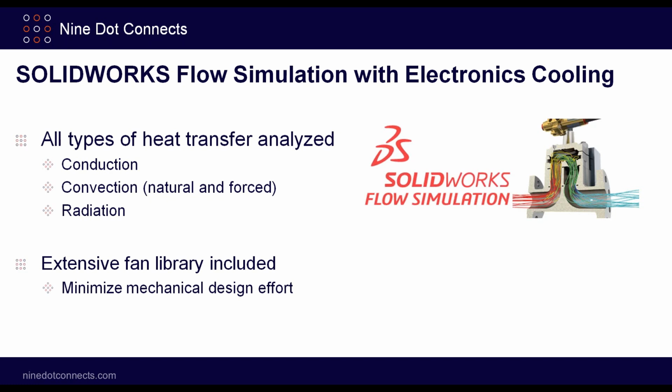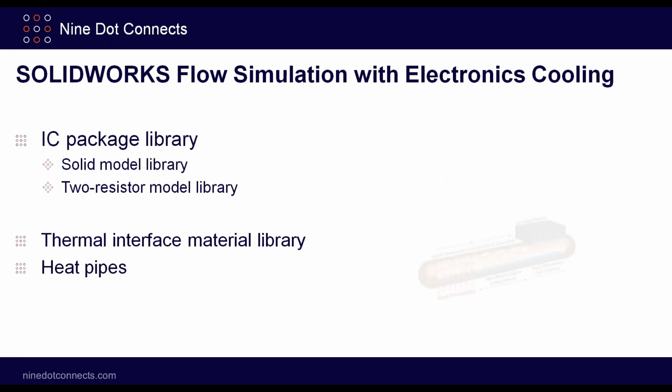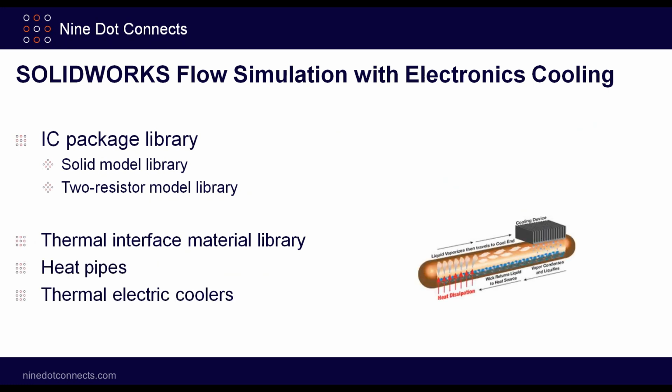That reduces so much time surfing the internet. The data is right in front of you. There's a great IC package library, what we call a solid model library, and a 2-resistor model library. We'll go into a little more detail on that later on. It has a thermal interface material library, heat pipes, and thermoelectric coolers.